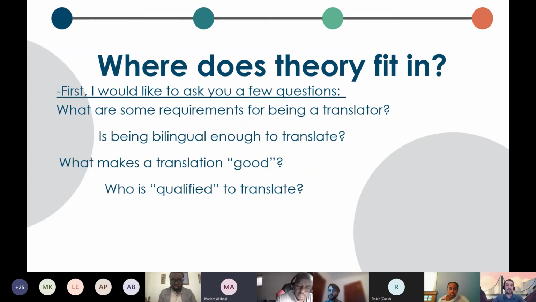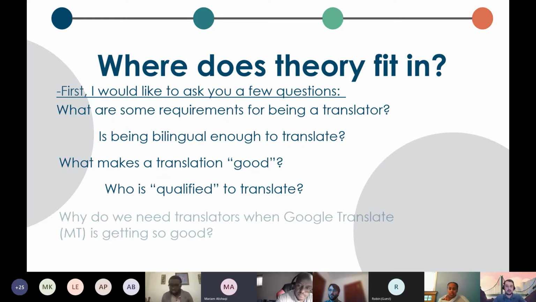We could have our own personal qualifications that we think, you know, we're good enough to translate. And a lot of people, if they have sufficient knowledge about the source languages and the target languages, in fact, are.